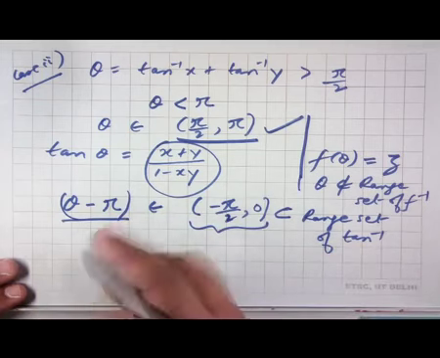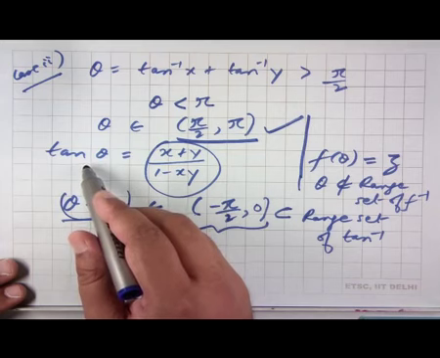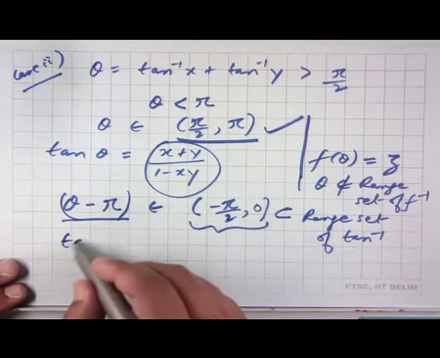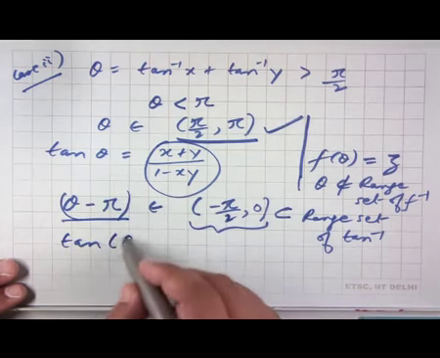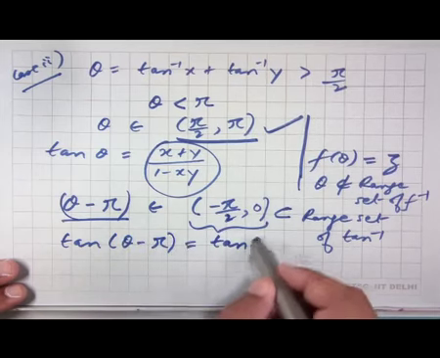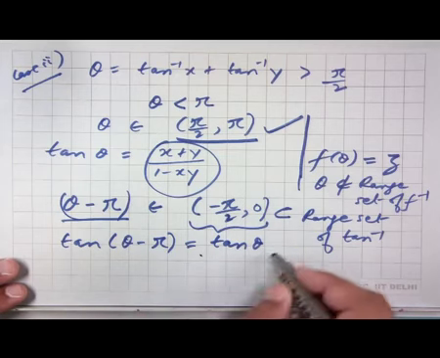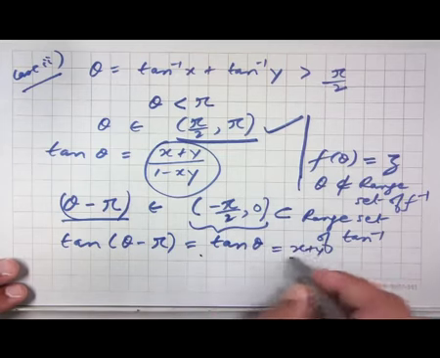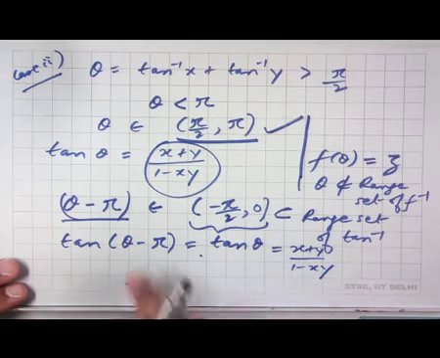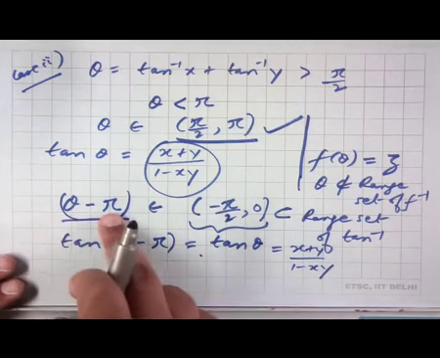The second is that I know that the tan function is periodic with pi. So, tan of theta minus pi is the same as tan theta, which we know is equal to x plus y over 1 minus xy. So, that is the other reason why we chose this angle pi to be subtracted from theta.